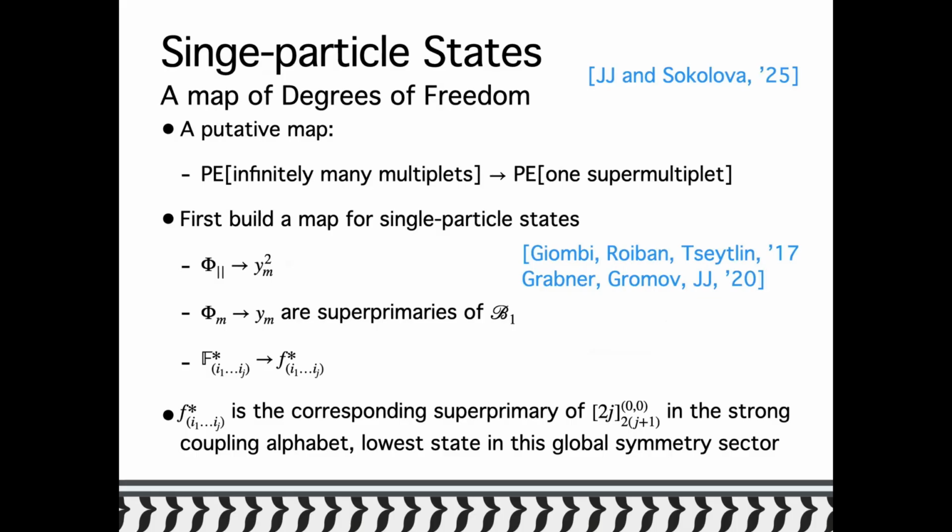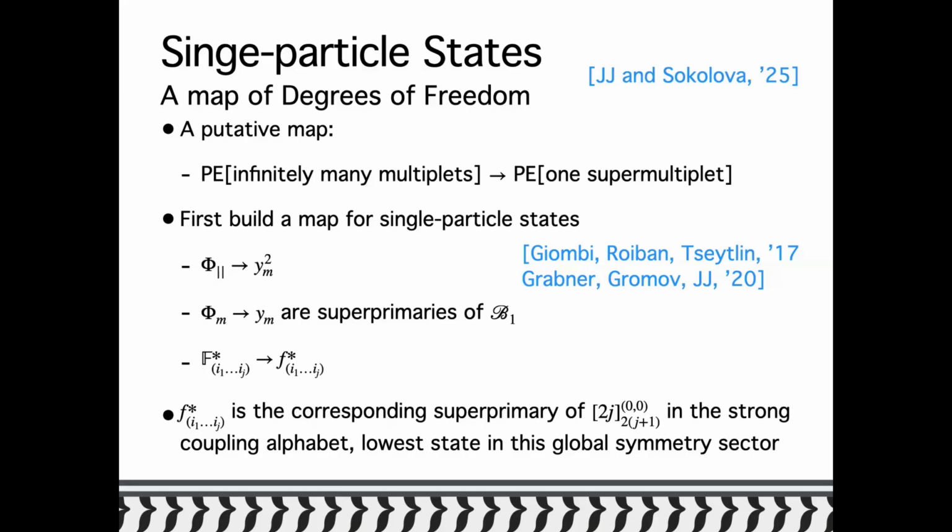Okay, good. So these are the type of words that we have. And now we can try to see if we can make some kind of map between degrees of freedom. Let's try to do it first for single particle states. As I said, the single particle states are just phi parallel, phi m, and all of these f stars.